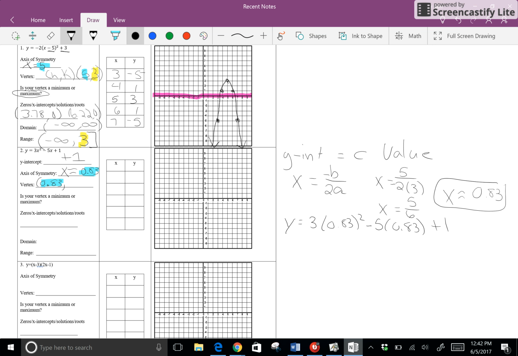Once you plug it in, and you can do this on your phone calculator or on a graphing calculator or any type of calculator that you have. It does not need to be a TI. You're going to get y equals -1.08. That's rounding, and that's your y value. So just like before, your y value is going to be used in your domain, which we'll get back to later.